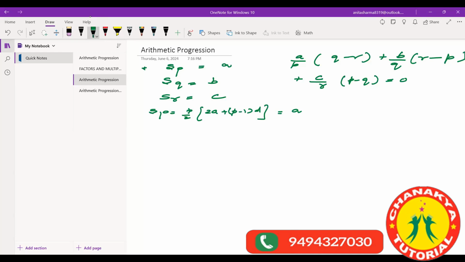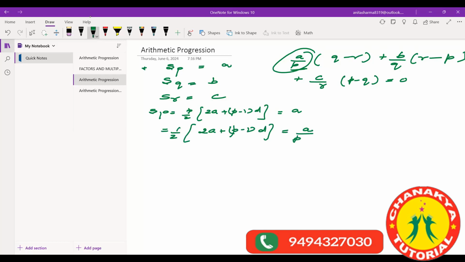Now from this equation, we can do one thing. A by P we need. What we need? A by P. First of all, we can do like this. A by P. So you can shift this P. So 1 by 2 you can write (2A plus (P minus 1) into D) is equal to A by P. Right, beta?